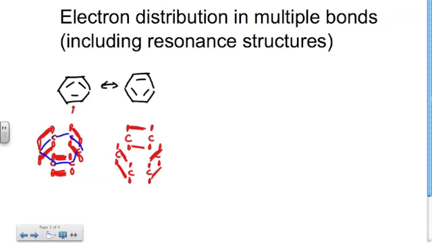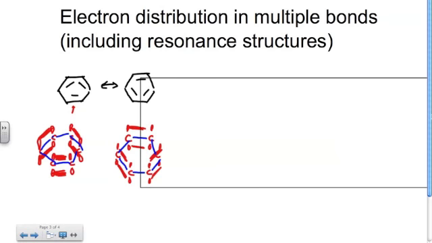And of course, before all that, I should have said that there are sigma bonds between all those carbons. However, remember that both of these can exist, and electrons just go wherever they are needed.